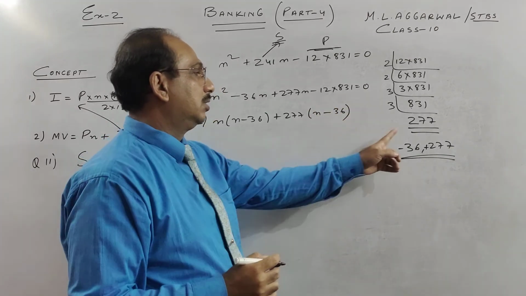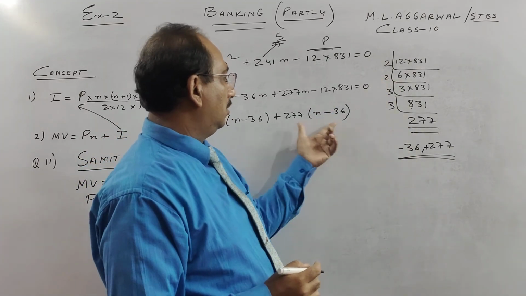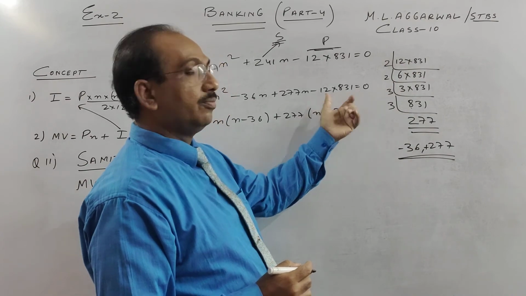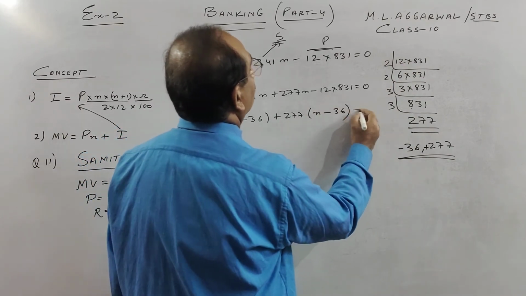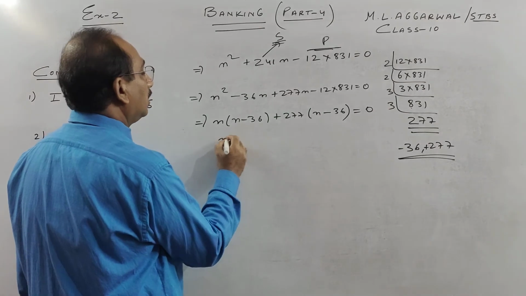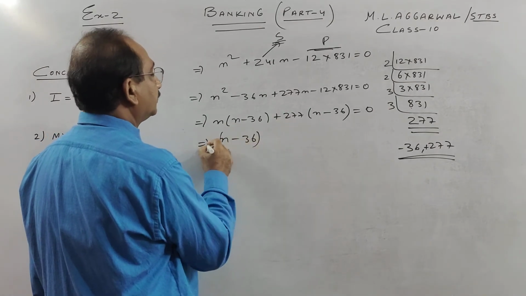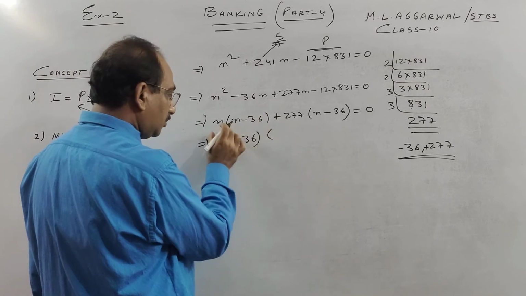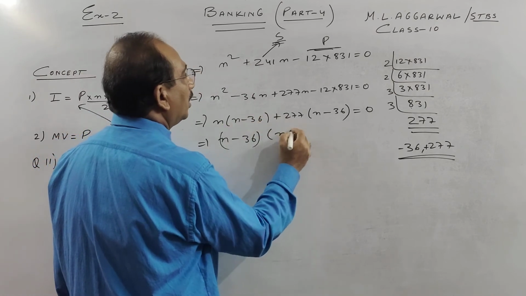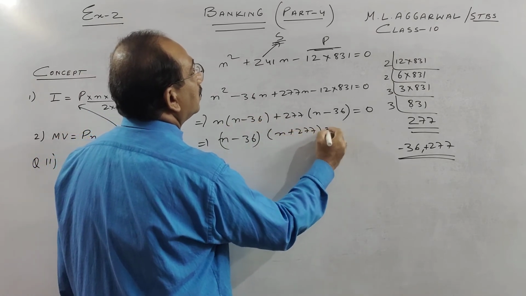See here how we get this into this. You get 12 into 831 is equal to 0. So what do we get, children? n minus 36 you take out. So we are left with n plus 277 is 0.